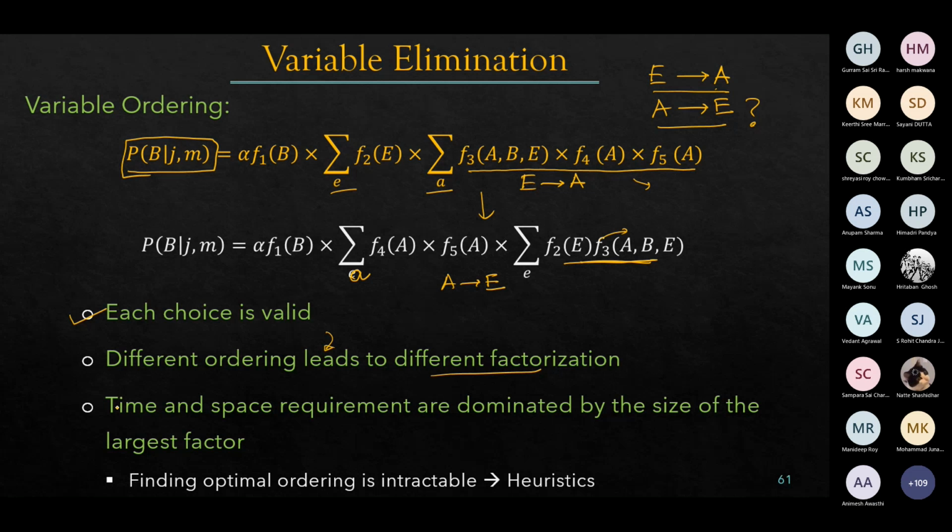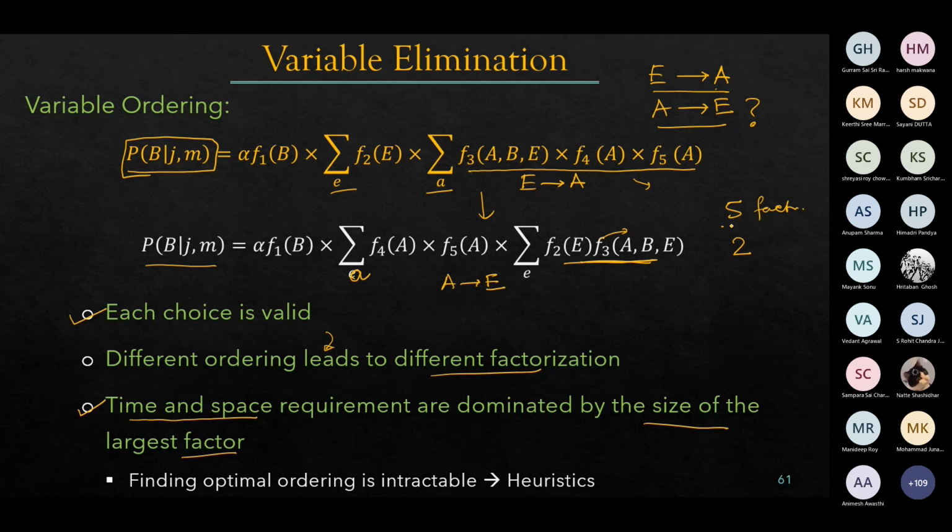Now, one thing I'm not going to prove, I'm just stating it by relying on the literature, is that the time and space requirement while you are computing this is determined by the size of the largest factor, right? So it might so happen that you come up with an ordering where you are, say, multiplying 5 factors together. And for the same computation, you come up with another ordering where the largest factor size is, say, 2.